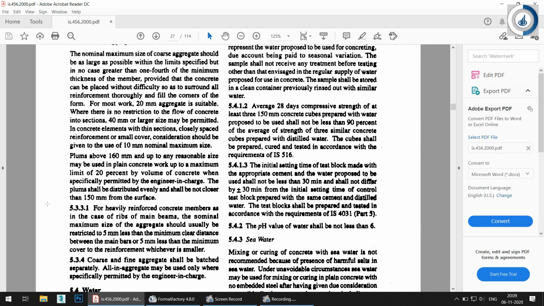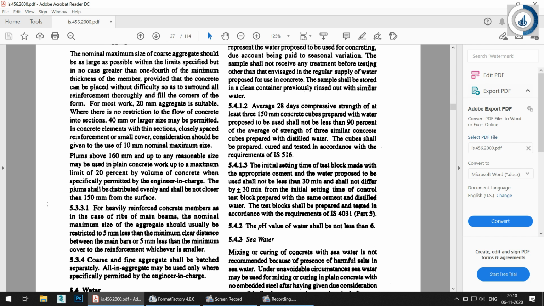And the next point is, for heavily reinforced concrete members, as in case of ribs of main beams, the nominal maximum size of the aggregates should usually be restricted to 5 mm less than the minimum clear distance between the main bars, or 5 mm less than the minimum cover to the reinforcement, whichever is smaller. As we have discussed, depending on the conditions, there are cases where you have to provide heavily reinforced sections, which means the spacing between the bars will be very low, and then 20 mm is not feasible, not even 10 mm.